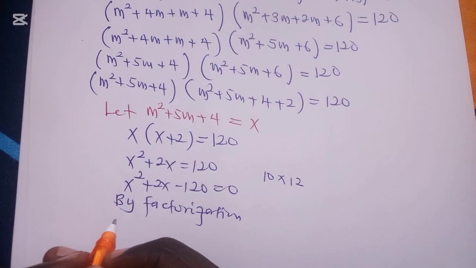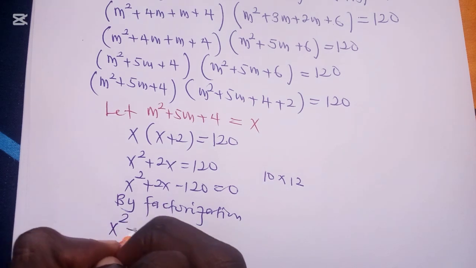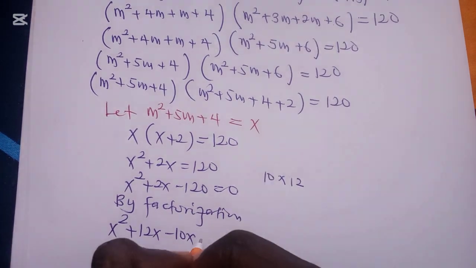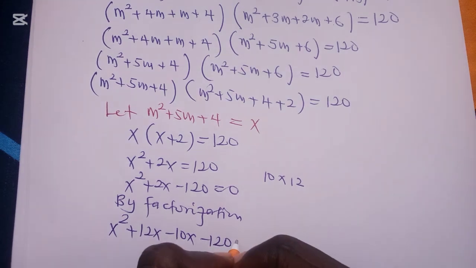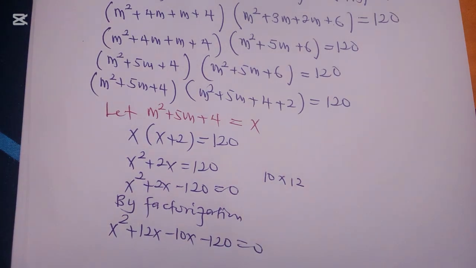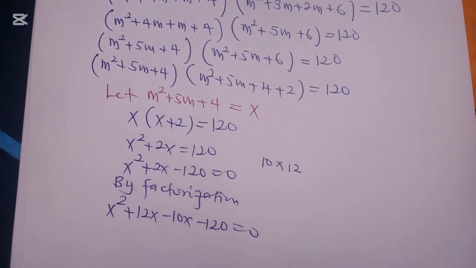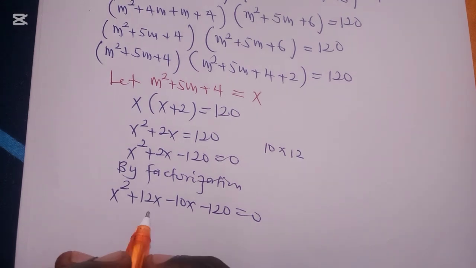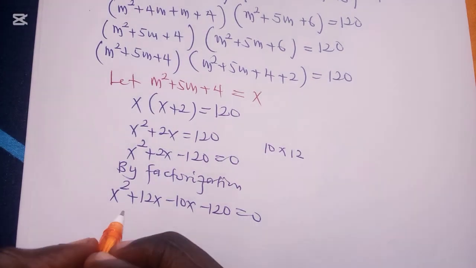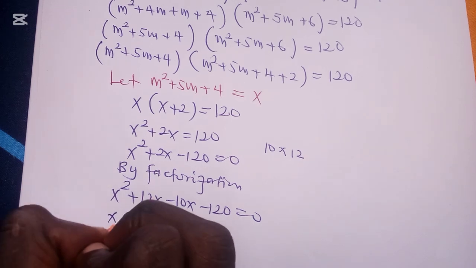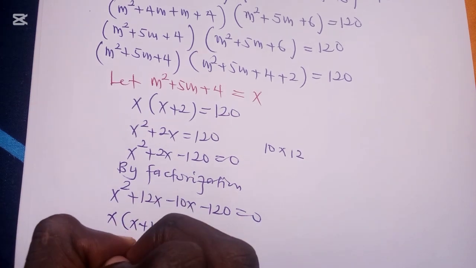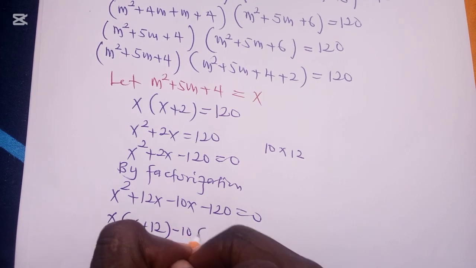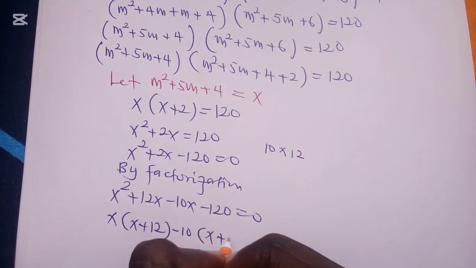Then we say x square plus 12x minus 10x minus 120 equals 0. Now let's group them. What is the common factor here? It is x, and what remains is (x plus 12). The common factor here is minus 10, and what remains is (x plus 12).